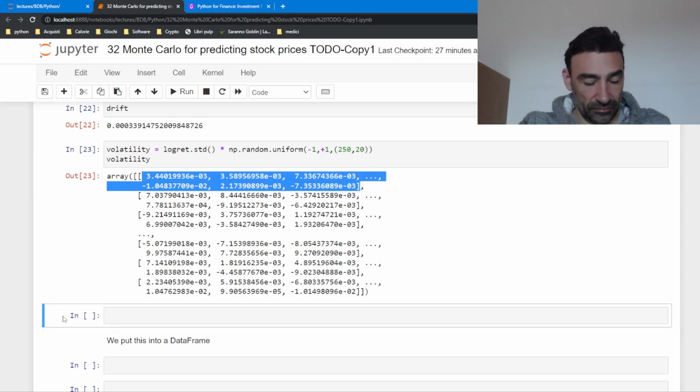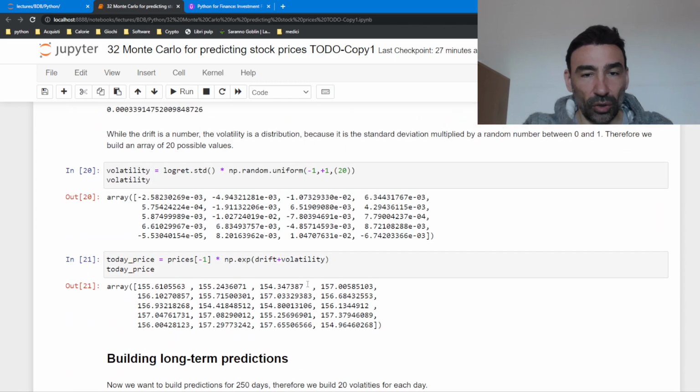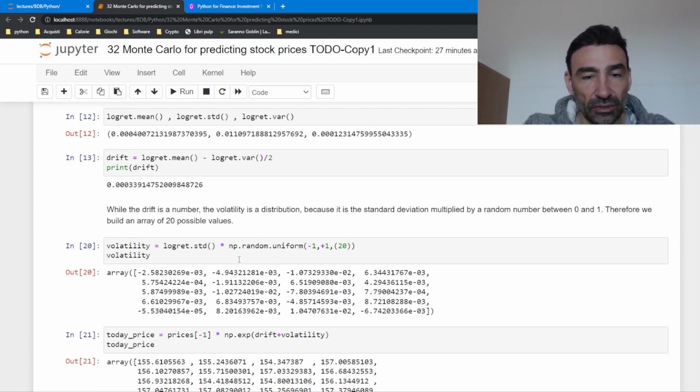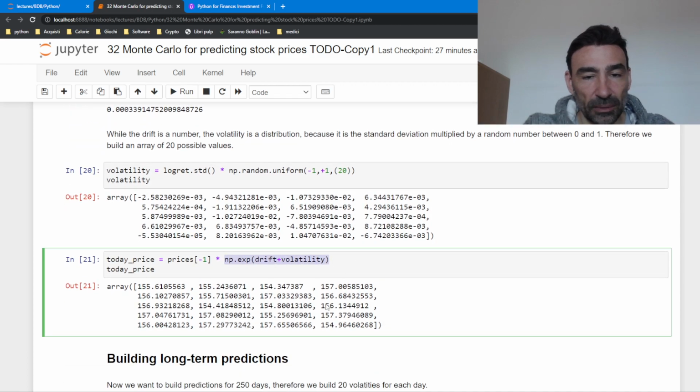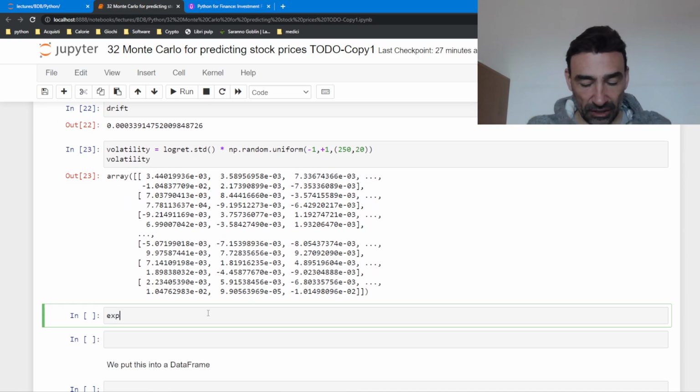Then I build this part here. Where is it? I lost it. Here, this part here. Okay. So let's call it exponential of daily returns.